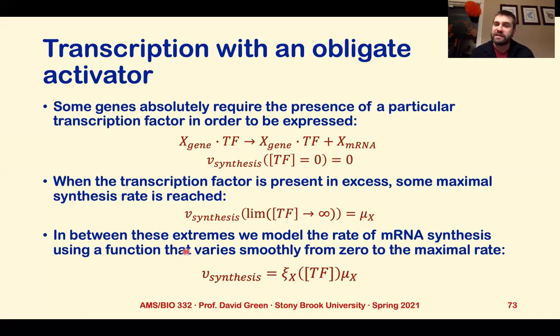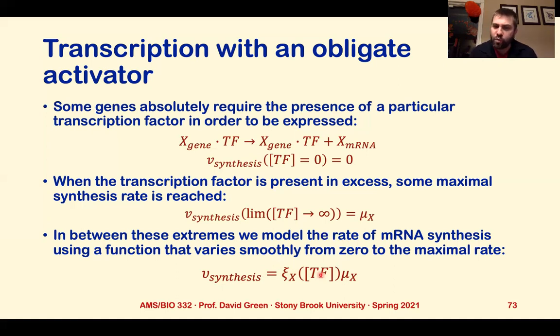And in between these two extremes of 0 when we don't have transcription factor and mu x when we have a lot of transcription factor, we are going to use a function that varies smoothly from 0 to that maximal rate. And we can do this simply by multiplying the maximal rate by a scaling factor. And this scaling factor will go down to 0 when transcription factor is low, and up to 1 when the transcription factor is in high concentration.